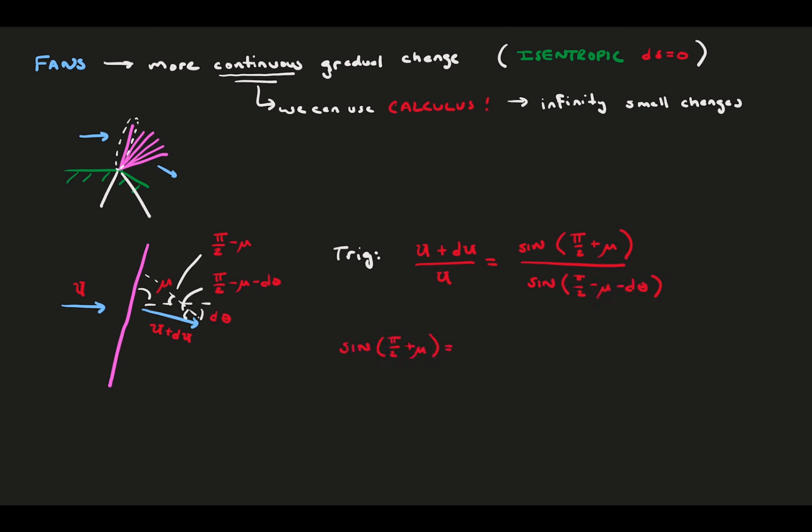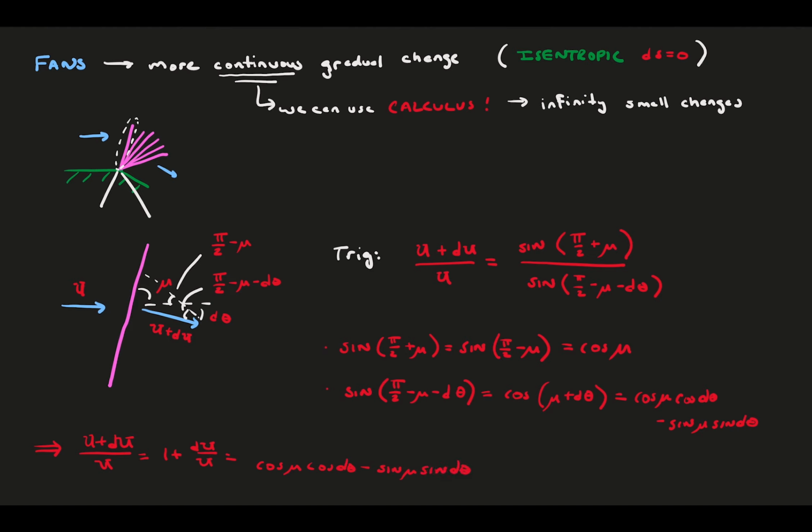Let's apply an identity to the sines, where sine of pi over 2 plus mu becomes cos mu, and sine of pi over 2 minus mu minus d theta becomes cos mu cos d theta minus sine mu sine d theta. Plug these relations back into the original top equation. d theta by definition is small because it's an infinitesimal change in theta.